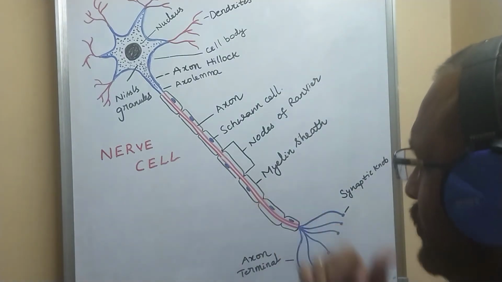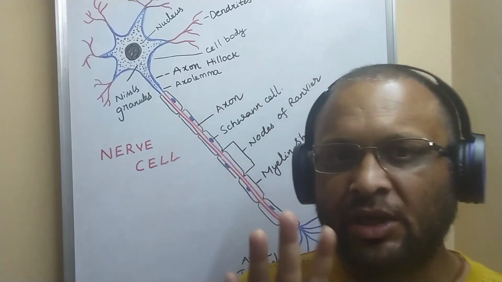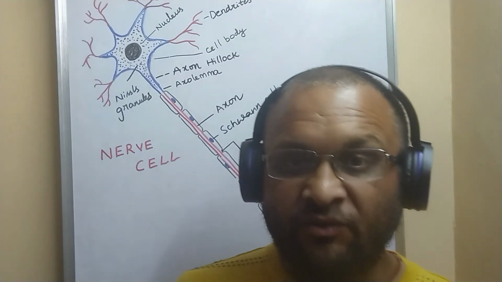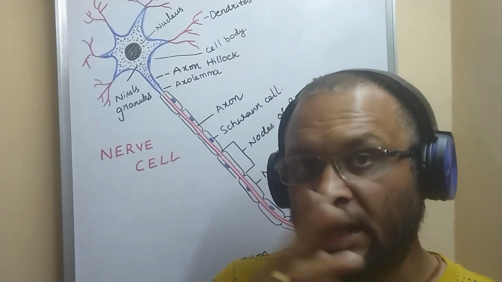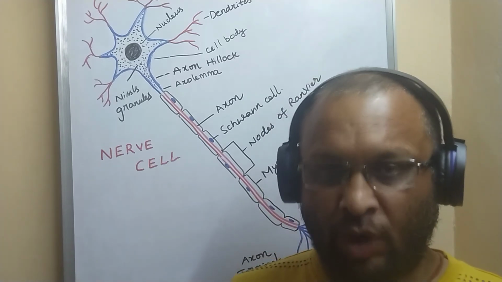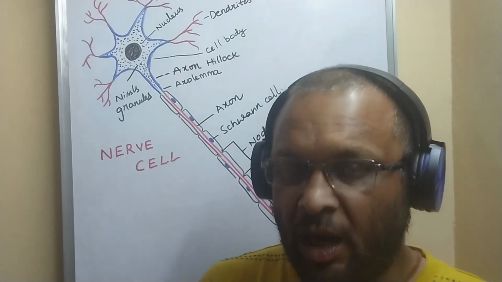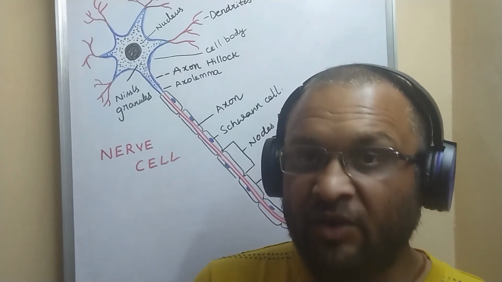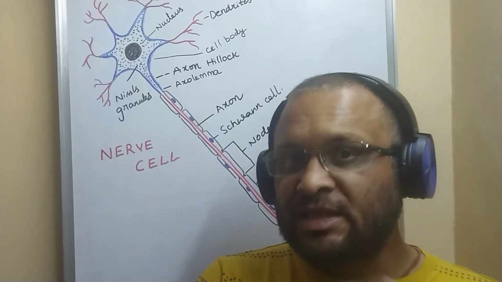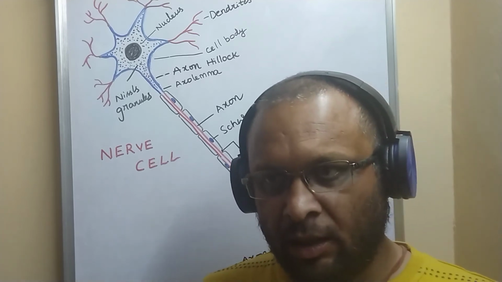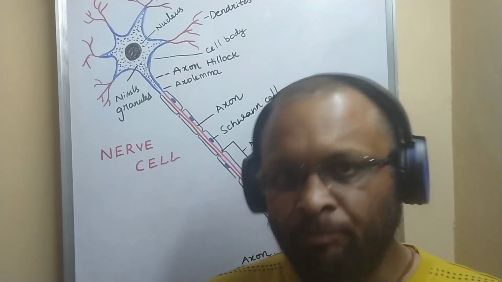Then, what is a synapse? It is a functional region where the dendrite of one nerve cell joins with the dendrites of another nerve cell, or the dendrite of one nerve cell joins with the axon of another nerve cell.